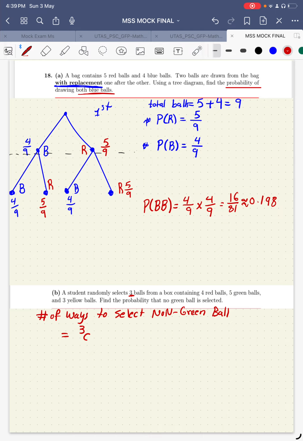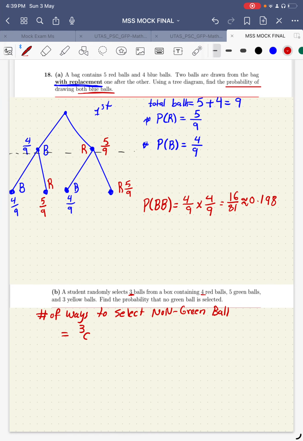How many balls are not green? If I go and continue counting, I find that I have four red and three yellow. So 4 plus 3 is 7.